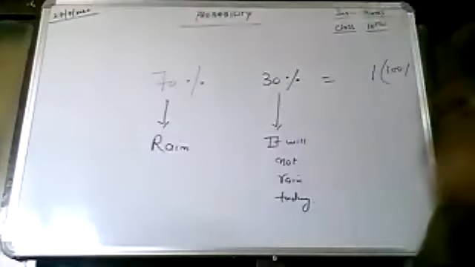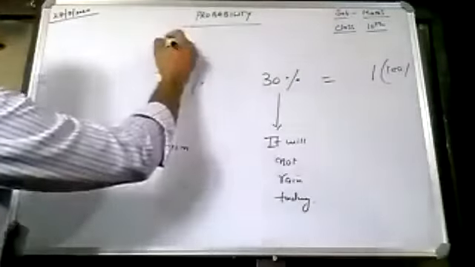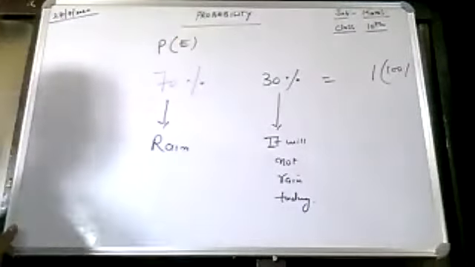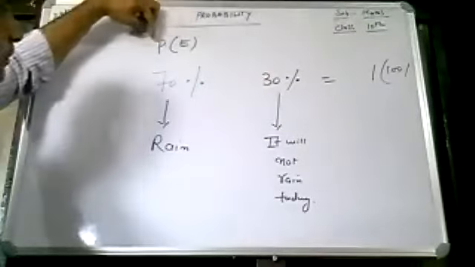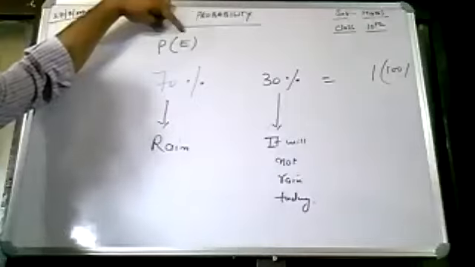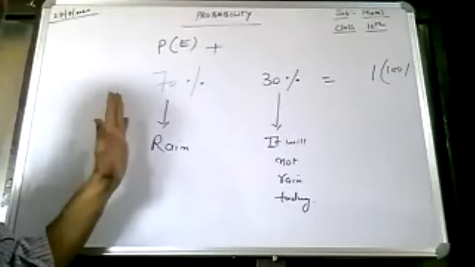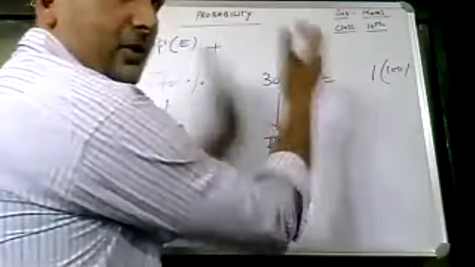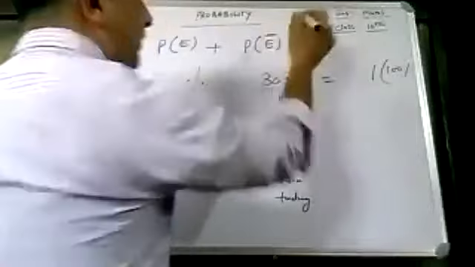The same thing I am going to write in terms of formula. So this is probability of E, E means event. Probability of E, P stands for probability. क्या पढ़ते हैं इसको? Probability of an event E plus... 70% it will rain today. This is the probability. This is the probability that it will not rain today. That is probability of E bar.